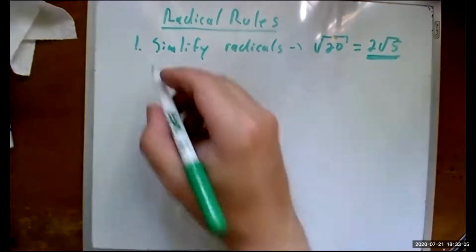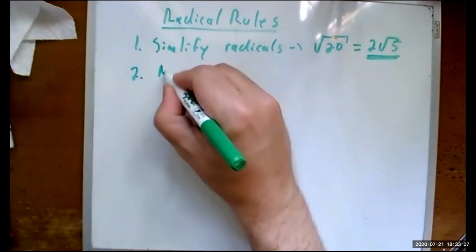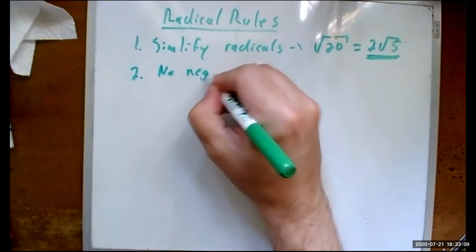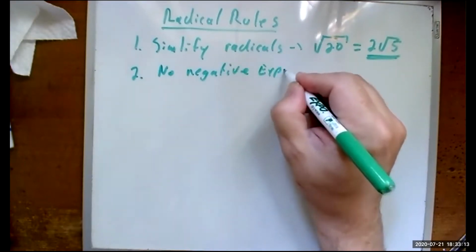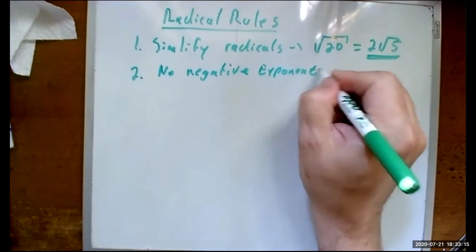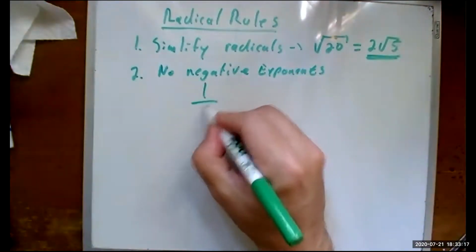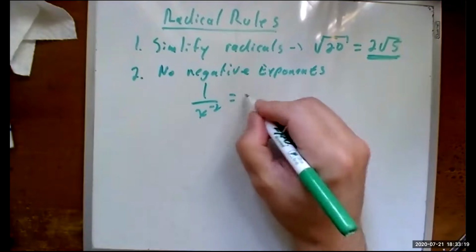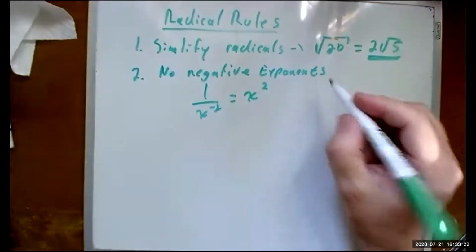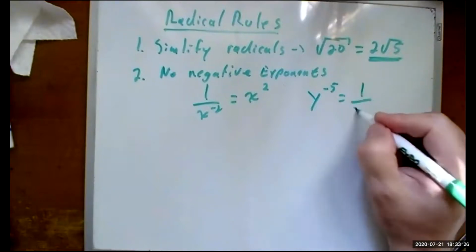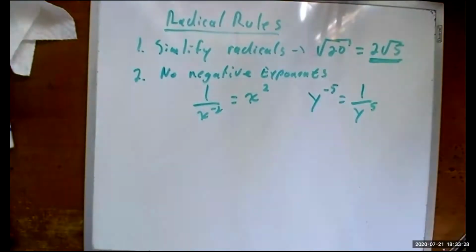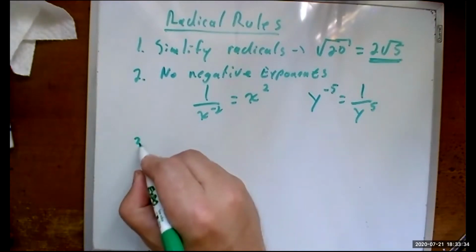No negative exponents. So if you have 1 over x to the negative 2, make it x to the 2. If you have y to the negative 5, you should make that 1 over y to the 5. And finally, no radicals in the denominator.